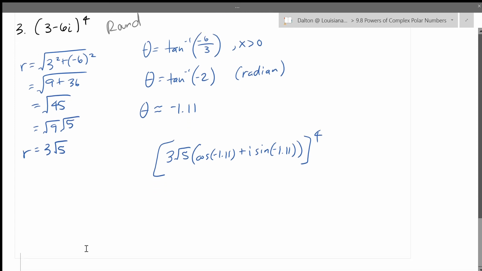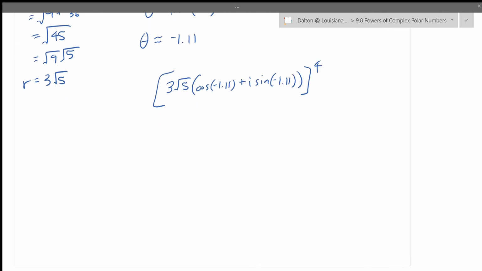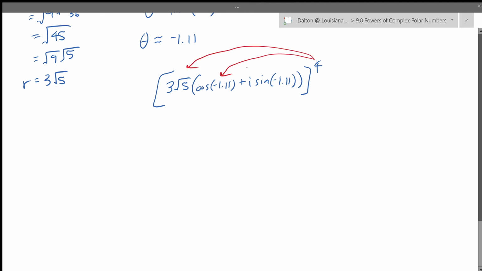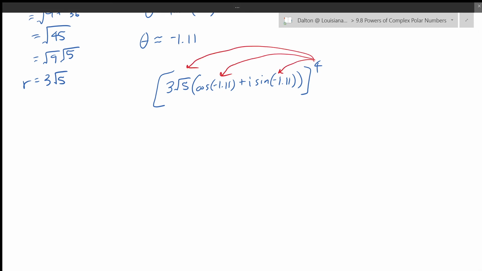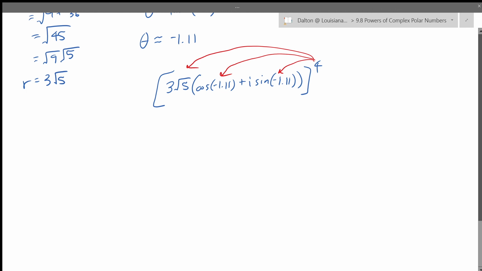So again, if I use de Moivre's theorem, this 4 is going to apply to my number out front and to both of the thetas. So then I get 3 square roots of 5 to the 4th power times the cosine of 4 times negative 1.11 plus i times the sine of 4 times negative 1.11.